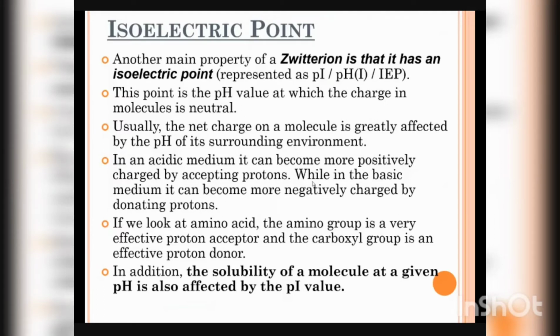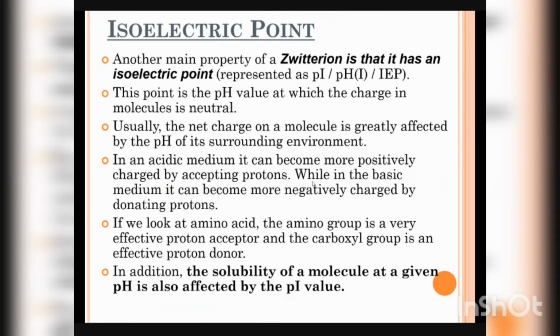Isoelectric point. Now here comes the topic isoelectric point, which is the main property of a Zwitter ion. A Zwitter ion has an isoelectric point, which can be represented by pI, pH(I) or IEP. This point is the pH value at which the charge on the molecules of a Zwitter ion is neutral.